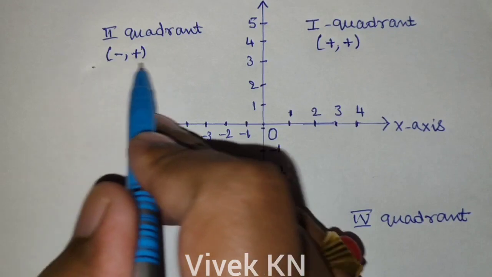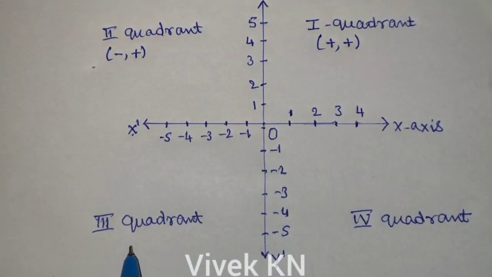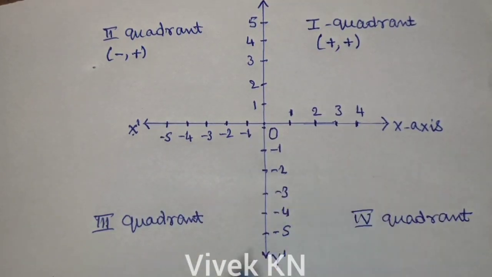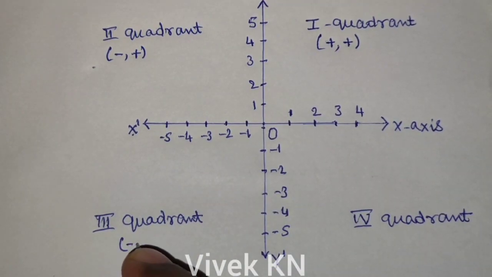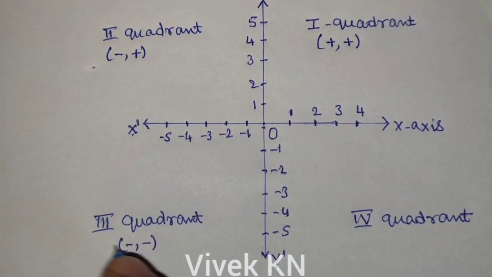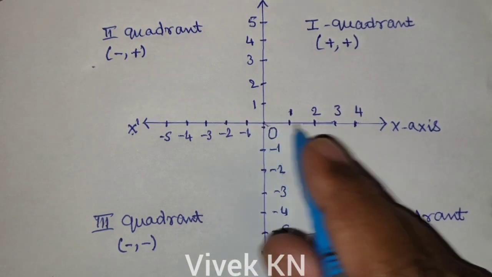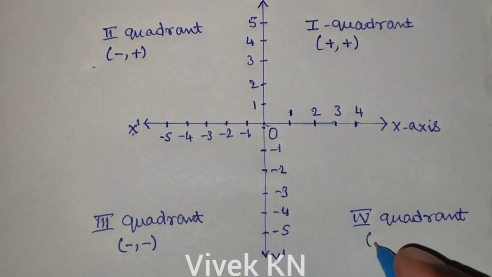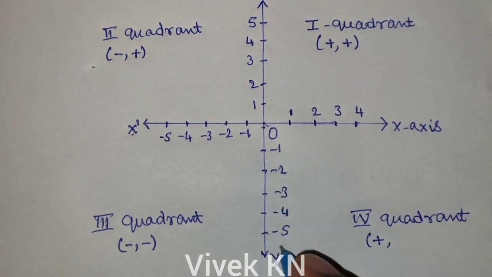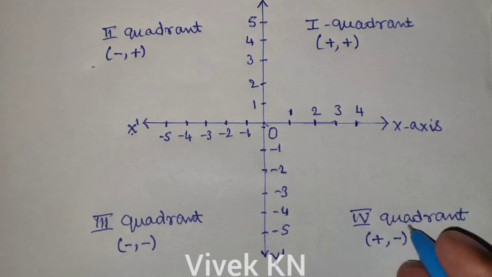So the sign of the second quadrant is minus comma plus. In the third quadrant, the x-axis and the y-axis possess negative values. So the sign of the third quadrant is minus comma minus. In the same way, in the fourth quadrant, the x-axis possesses positive values and the y-axis possesses negative values. So the sign of the fourth quadrant is plus comma minus.